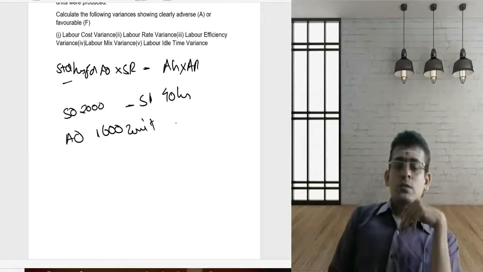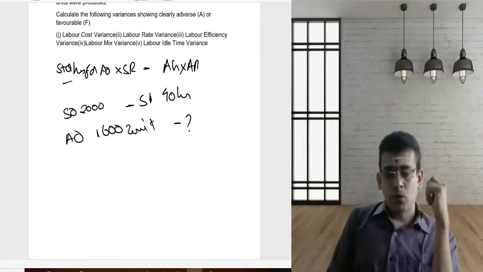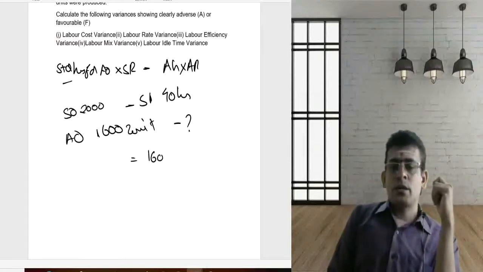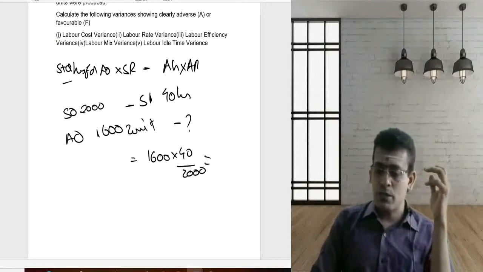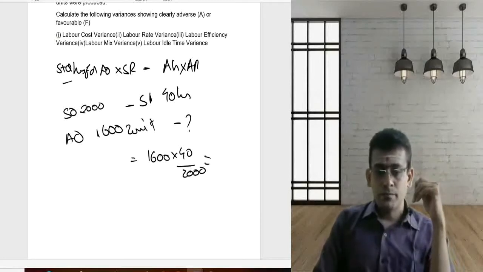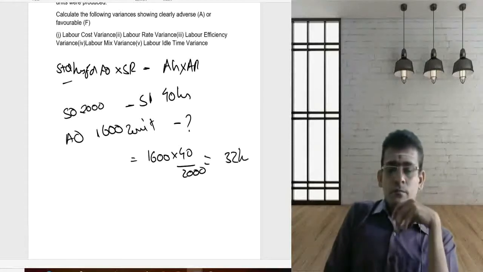To produce the 1600 units, how much time should one person put in? So what I will do is 1600 into 40 divided by 2000, which gives 32 hours.